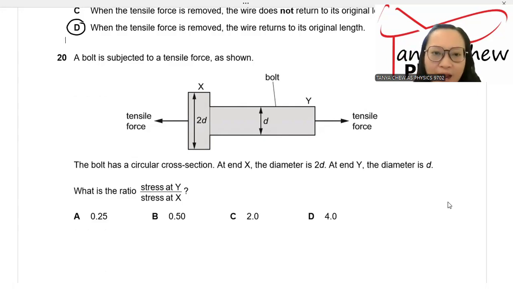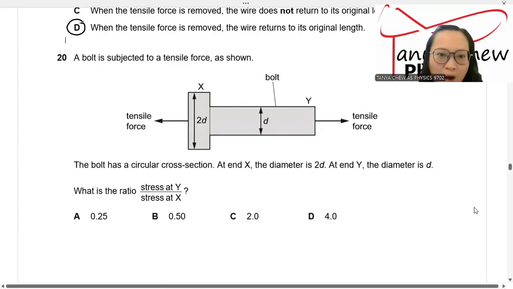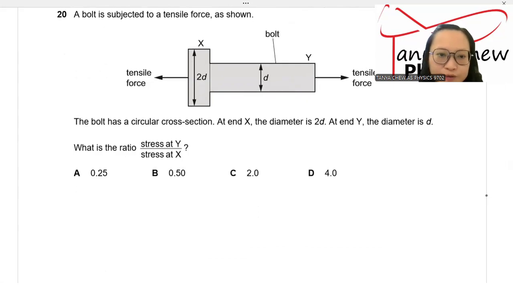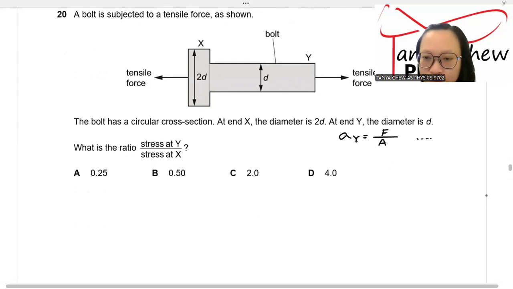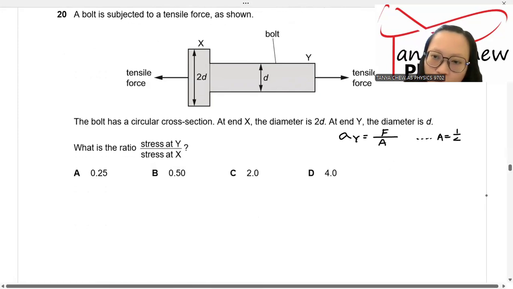Okay, I have to find the stress at Y first. Stress is defined as the force over cross-section A. But since A depends on diameter, I have to relate it to diameter. Because this is a circular cross-section, the area is pi r squared, where r is d over 2. That is why A is 1 over 4 pi d squared.